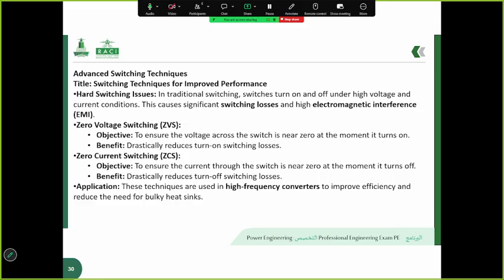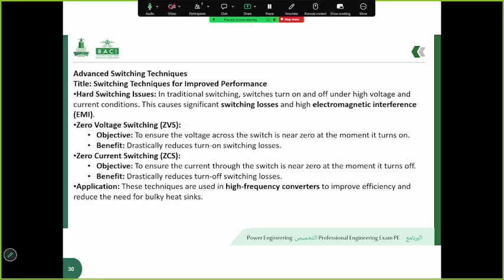This is achieved by using resonance circuits to shape the voltage waveform, allowing the switch to turn on with virtually no voltage across it. So this technique drastically reduces the turn on switching losses.